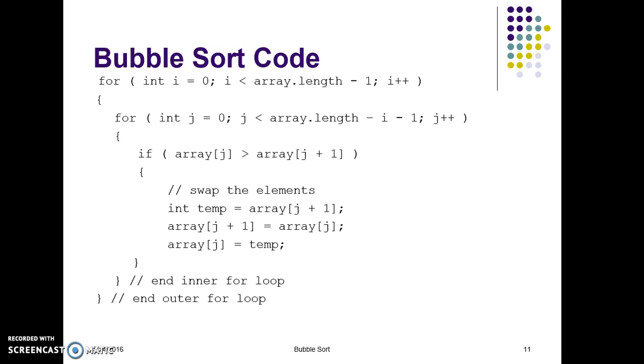If the first is greater than the second element, that condition is true, and then I have to swap those two elements. Here is the swapping procedure: temp equal to array of j plus 1, array of j plus 1 equal to array of j, then array of j equal to temp. This is the program code we include in the Java program to swap the elements in an array.